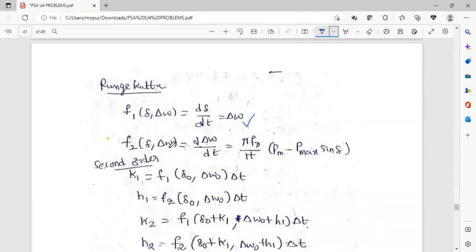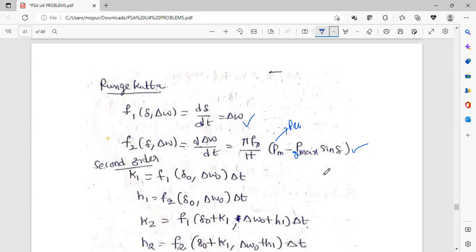The second function is d del omega by dt, which is equal to pi f naught by H into Pm minus P2 max into sin del. This Pm is in per unit, as I had already told you. In the first iteration, del will be del naught, which is sine inverse of Pm per unit divided by P2 max.